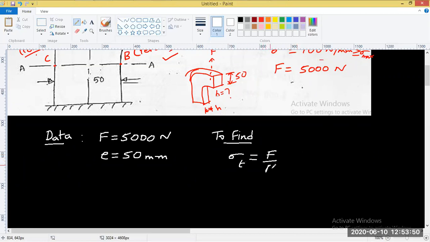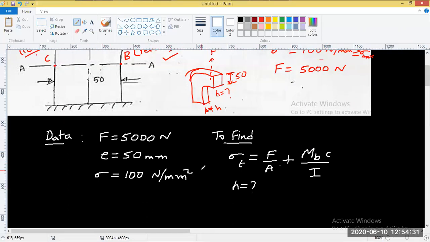So it is axial force by area plus, and I am writing plus because it is tensile, M by I times C. Right, M C by I. This is the governing equation to find the tensile stress, and in turn we need to find the thickness H. So this is our ultimate goal, but this is our governing equation. Also given here is the limiting stress sigma, which is 100 newton per mm squared.